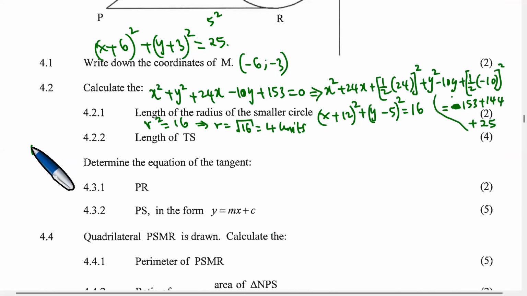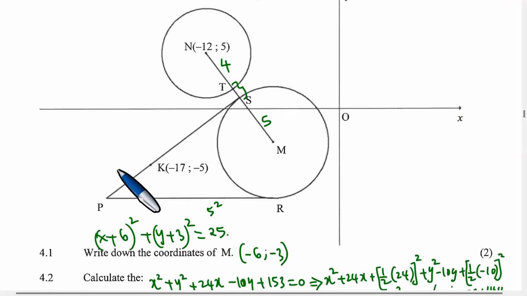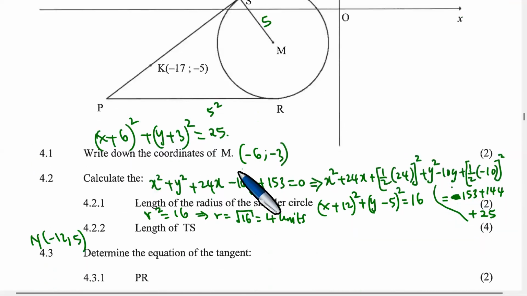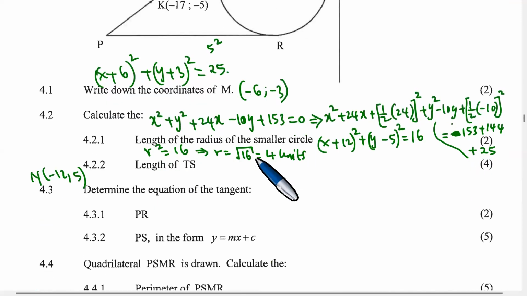And then M has the coordinates minus 6 and minus 3. So that now you can find the length. What is the length NM?